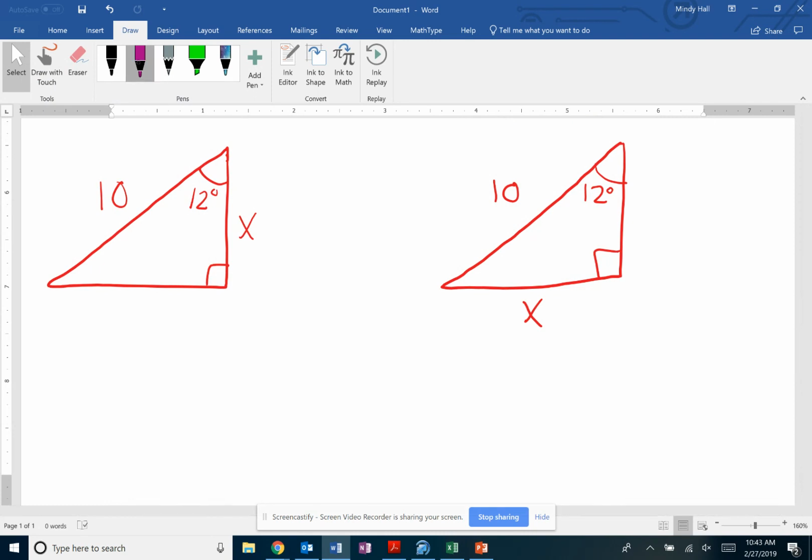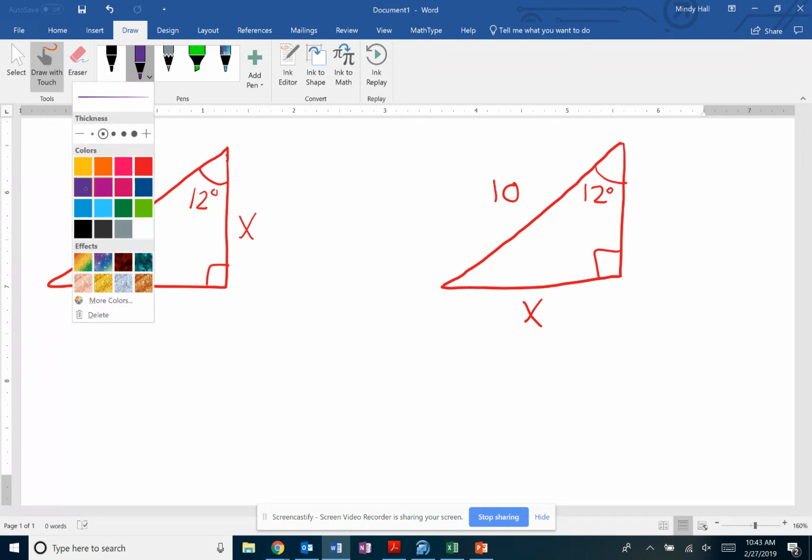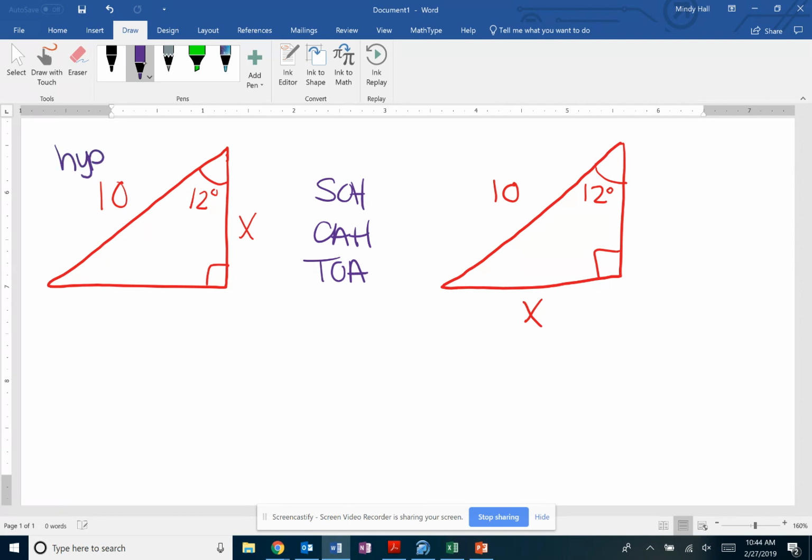Then with this last one, we're going to do the same thing. Still need our SOHCAHTOA because when you're picking your trig functions, you need to know what ratios you're looking at. With this triangle, we have our hypotenuse, which is opposite of the 90, and then for this 12 degrees, we have this x that's right next to it, which is going to be our adjacent.